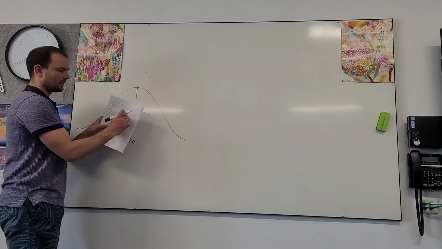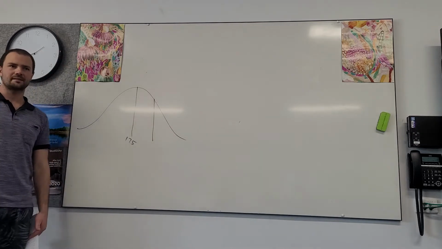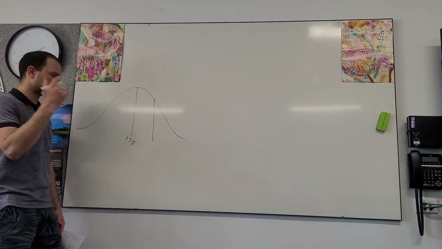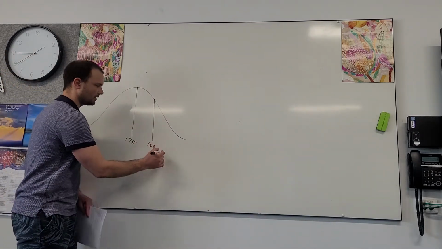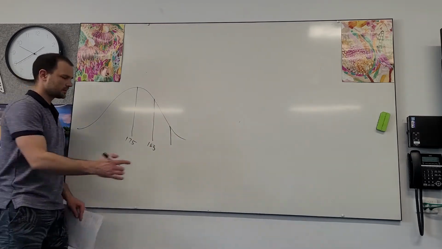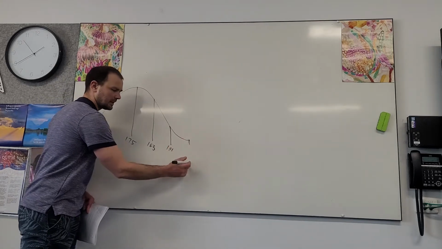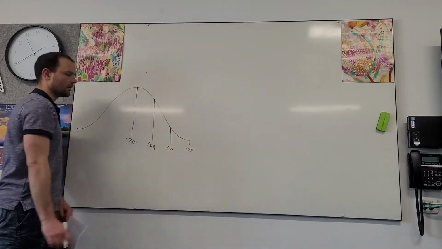So you'll notice if you're looking at the image at the top, we have the mean plus 1 standard deviation. So 175 plus 8, that's going to be 183. We have the mean plus 2 standard deviations, so 183 plus 8, that's going to be 191. And the mean plus 3 standard deviations, 199.